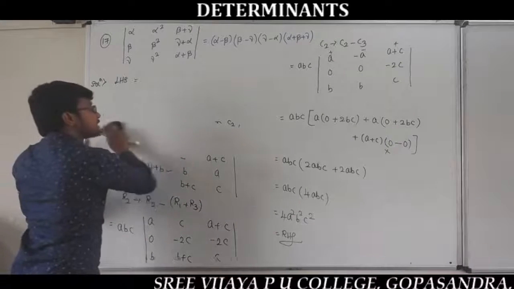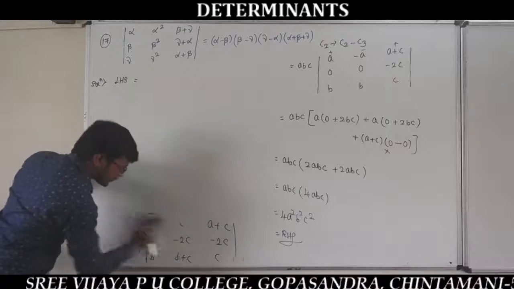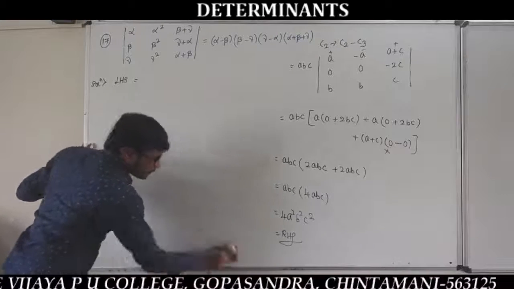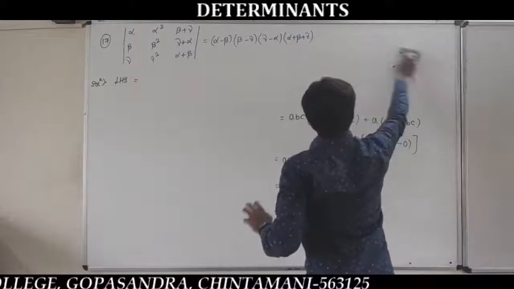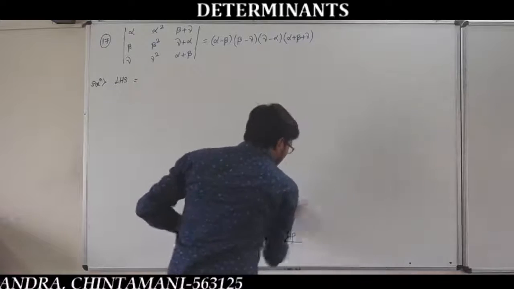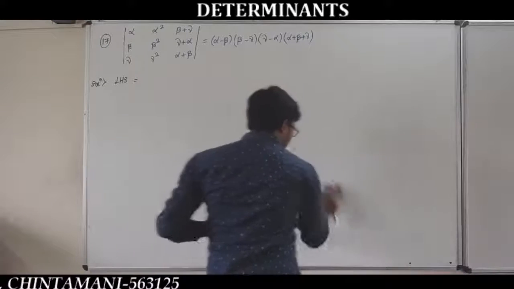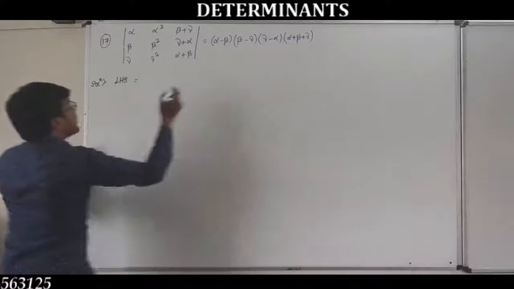We can use the maximum 2 elementary operations. We cannot use the 3 elementary operations. Okay. So now, for the alpha minus beta, you can subtract R1 minus R2. For beta minus gamma, we can subtract R2 minus R3. Okay. So let us apply those elementary operations. So we can see for the next one.